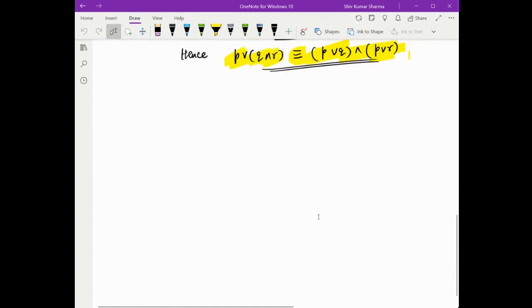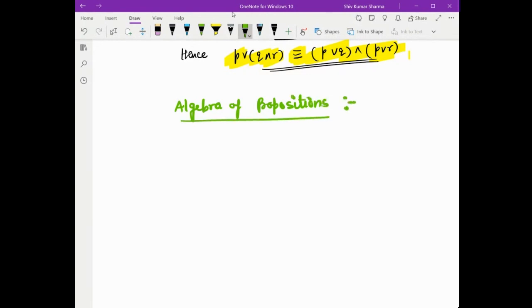Now, next topic, algebra of propositions. That means we have some laws. You remember all the laws?